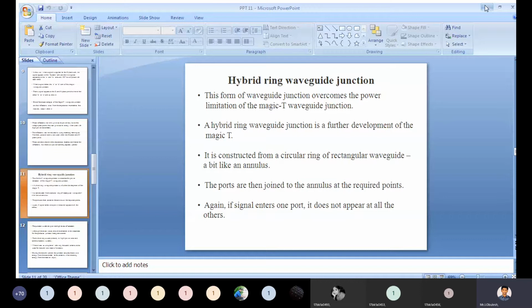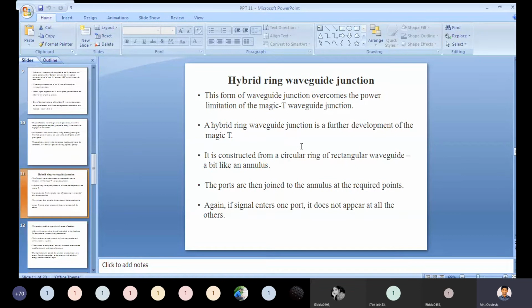Hybrid ring waveguide junction. So in this hybrid ring waveguide junction, why do you need to use this basically? You just need to know it. If you want to overcome the power limitations you are getting from the magic waveguide junction, for that purpose you need to use the hybrid ring waveguide junction.